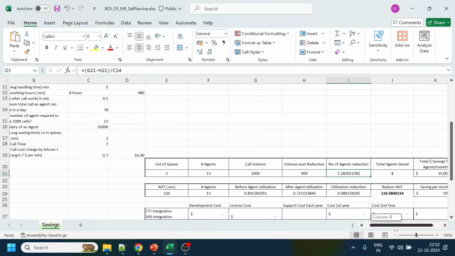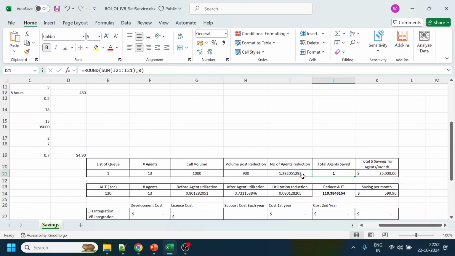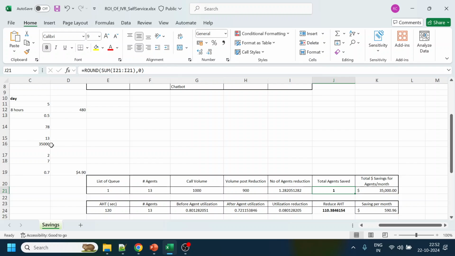So the number of agents reduction comes to one, so now for 900 calls we require only 12 agents.